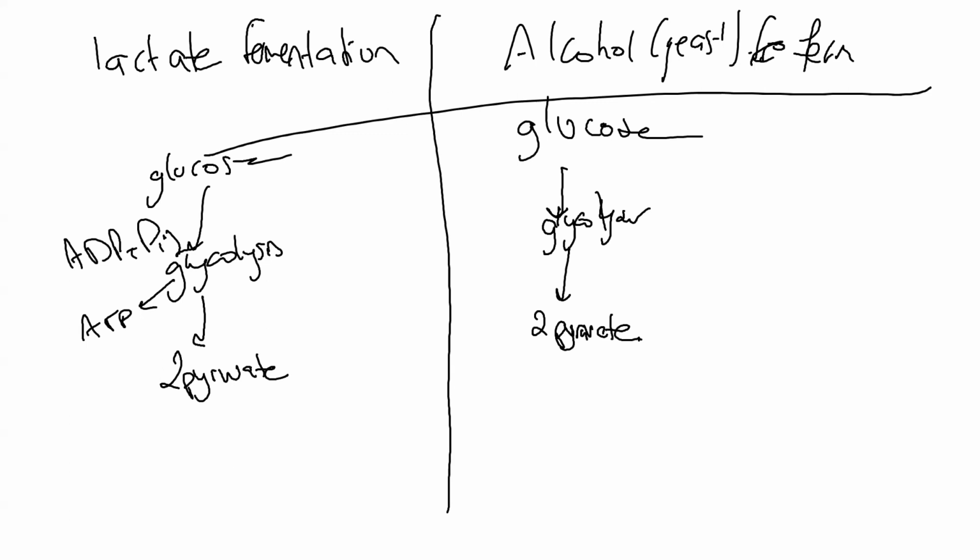What will we do? It will undergo fermentation. For the lactate fermentation, this pyruvate, as we said, is 3 carbons, so it looks like this. Then this 2 pyruvate will produce lactate, which looks like this.